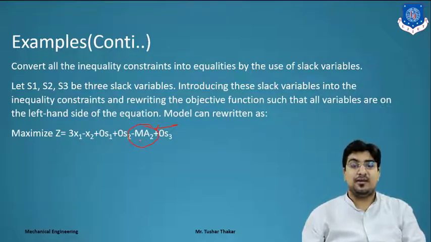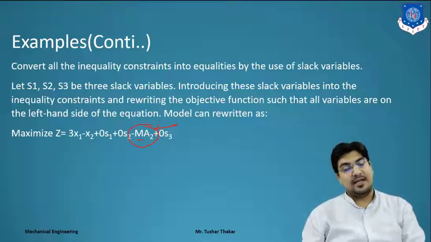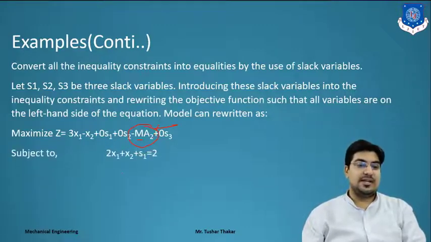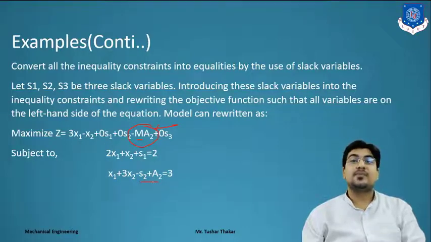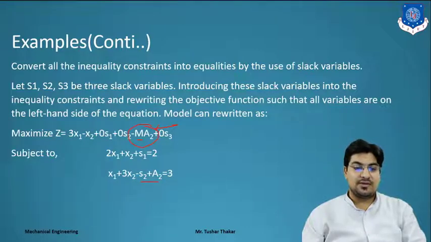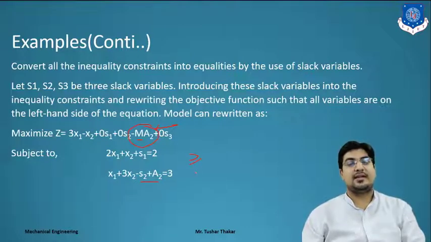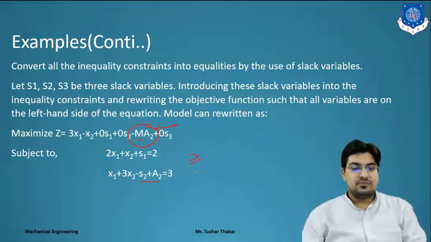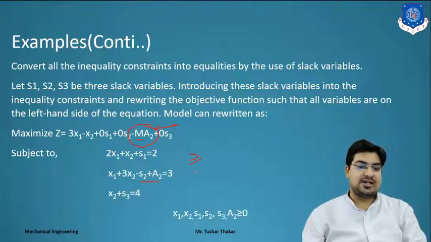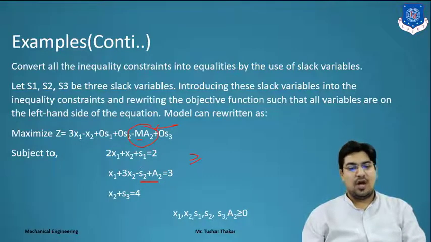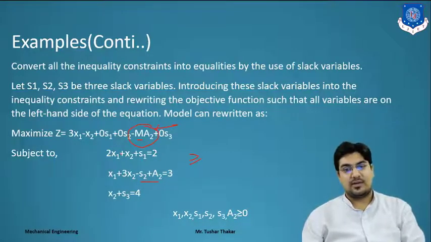Subject to 2x1 + x2 + s1 = 2, 2x1 + 3x2 - s2 + a2 = 6. Here we add the artificial variable as well as the surplus variable in equation number 2, because it has a greater than or equal to sign. Clear? And x2 + s3 = 4, where x1, x2, s1, s2, s3, a2 >= 0. All variables are always greater or equal to 0, right?